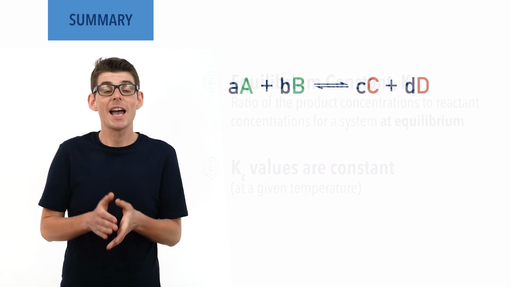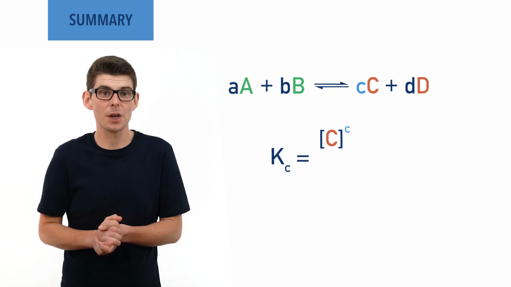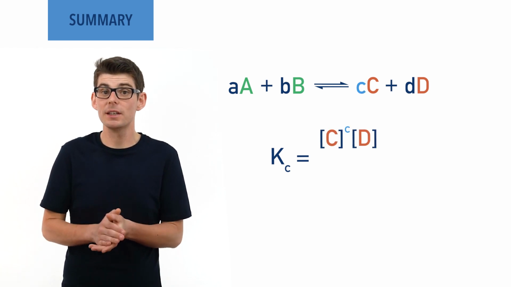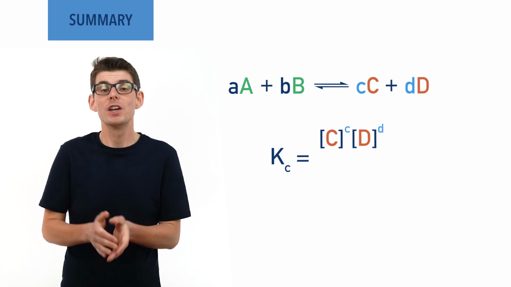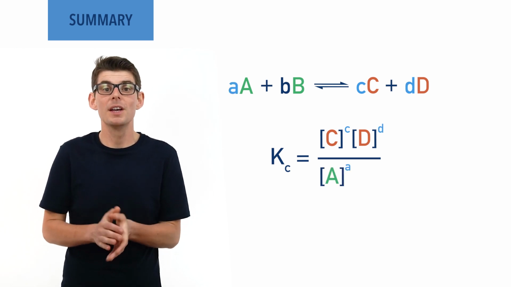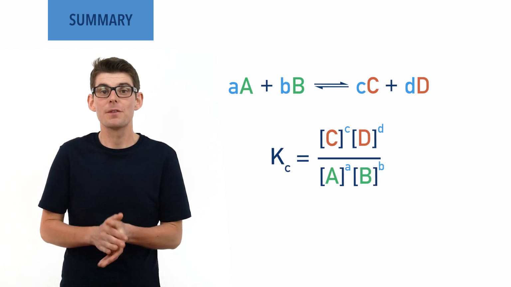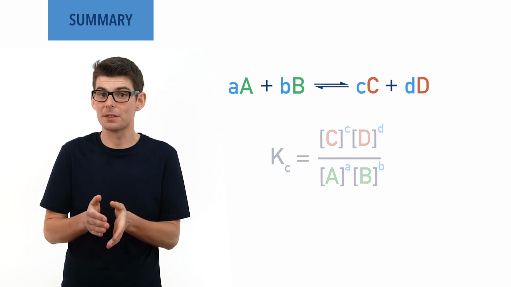Generally represented as Kc equals concentration of C to the power of its molar ratio times concentration of D to the power of its molar ratio divided by the concentration of A to the power of its molar ratio times concentration of B to the power of its molar ratio for a reversible reaction of A plus B to C plus D.